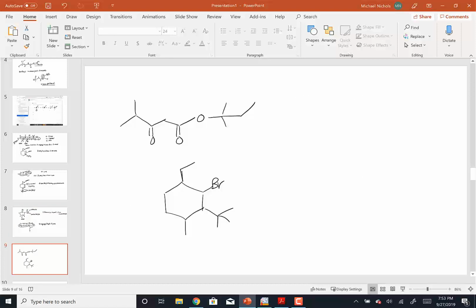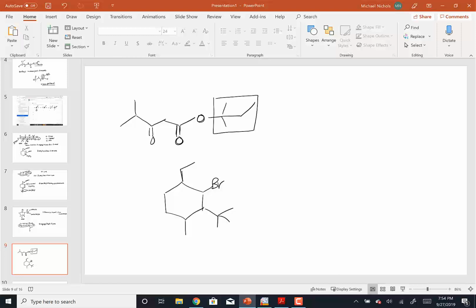Next molecule is an ester. So the first thing we do when we name esters is that we determine the alkyl group that is attached to the oxygen attached to the carbon-oxygen double bond. So that alkyl group's name is going to come first. In this case, what kind of group is this?